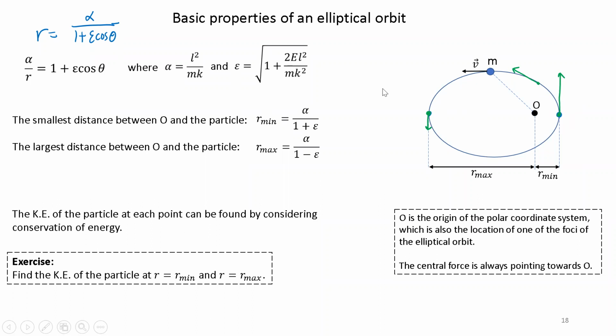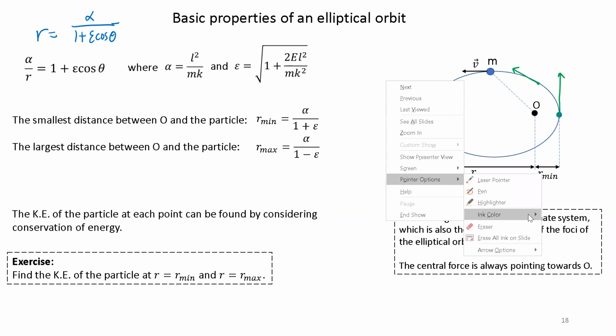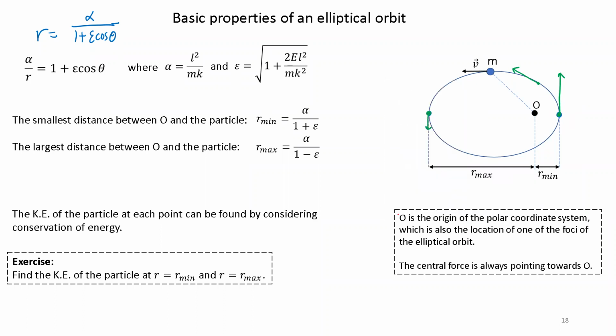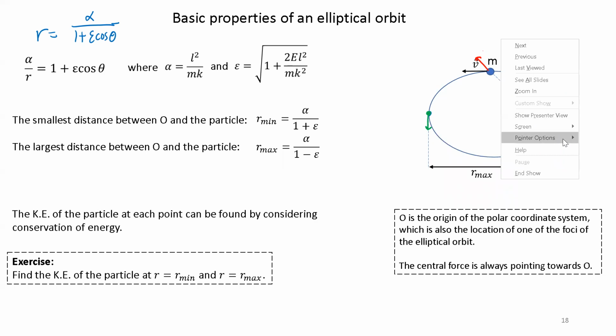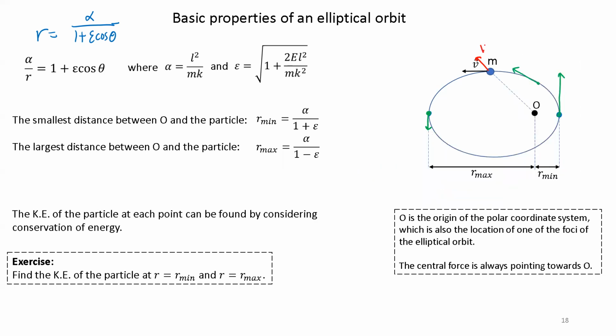But at any particular point, the velocity actually has two components. One is right over here, the radial direction, which I call V_r r hat.